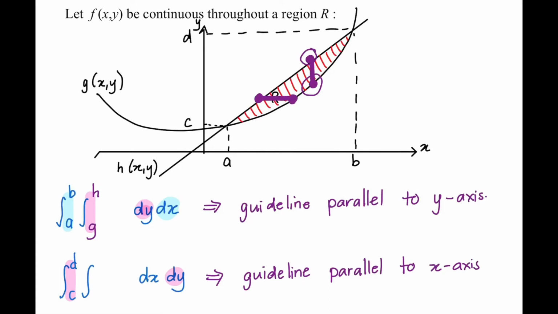Where it ends, that is going to be the upper limit. If we look here, our lower limit is on the straight line, and the straight line is h. So our lower limit is h. Our upper limit is on that curve, which is function g.